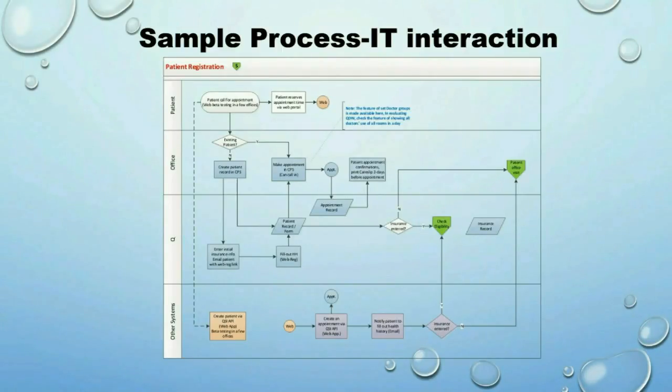They each have their own swim lane, and they are connected. But what I added to this, if you look at the queue lane and the other system lane, are the two primary applications that the office and the patient will use while going through this process. And then there are various data stores along the way where they store intermediary results of work, or read or generate reports and so on.